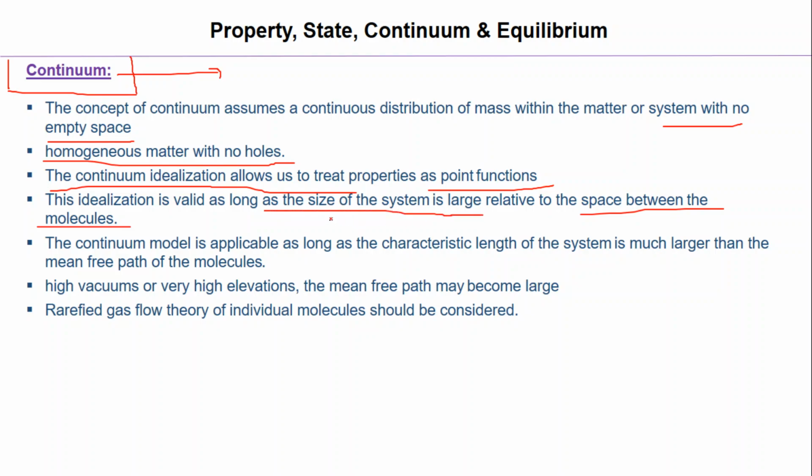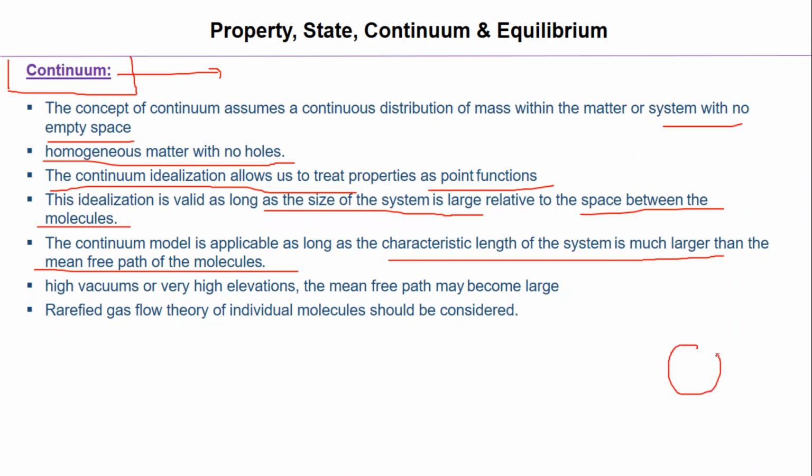The other way of saying this: the size of the system should be quite large compared to the space between the molecules. How we define the space between the molecules is the mean free path of the molecules. This is used quite frequently in statistical thermodynamics. So the mean free path of the molecule should be quite smaller than the system's characteristic dimension.